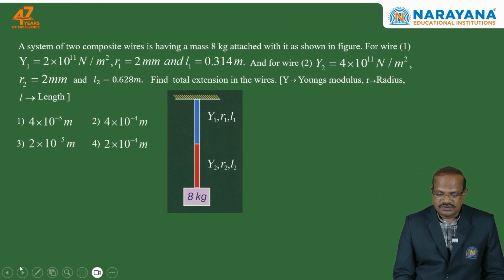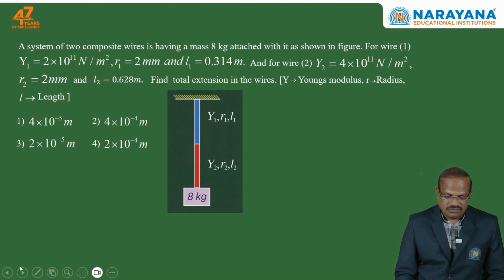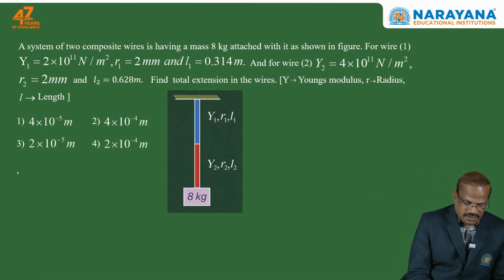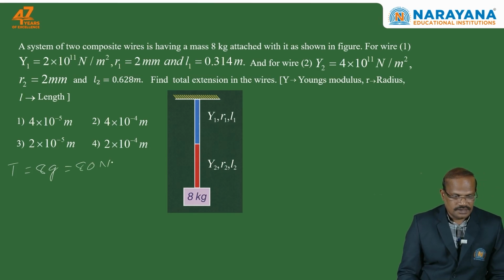And for wire 2, Young's modulus given as 4 in 10 power 11, radius 2 millimeter and length 0.628 meter. Find total extension in the wires. So here in this wire and in this wire, tension is same and that tension is 8g, that is 80 Newton.